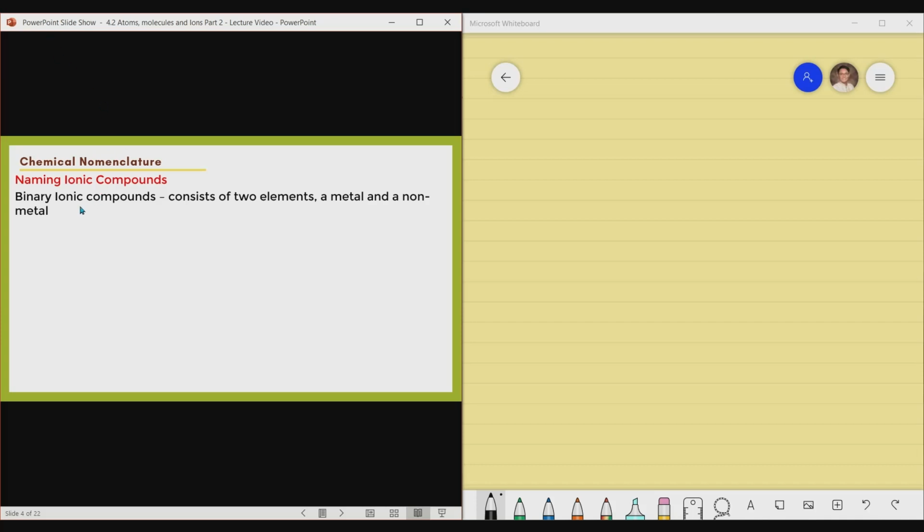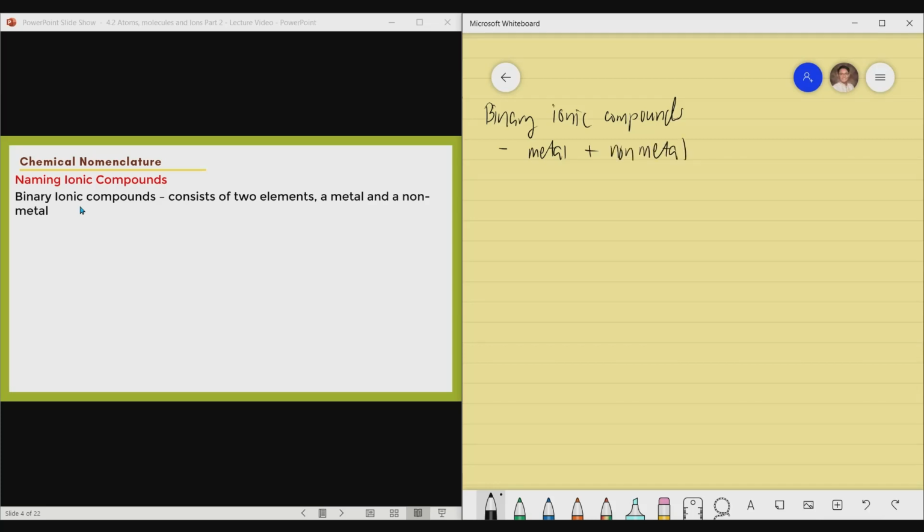Now, under ionic compounds, there is a classification. The first thing is your binary ionic compounds. When we see binary ionic compounds, these are ionic compounds consisting of two elements, a metal and a non-metal. So let's write that one. Binary ionic compounds are ionic compounds consisting of a metal plus a non-metal.